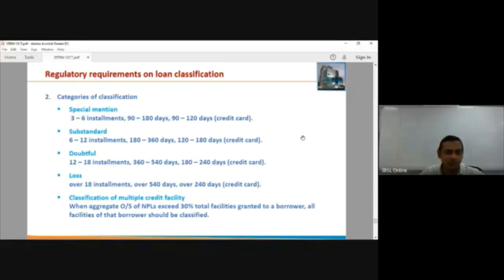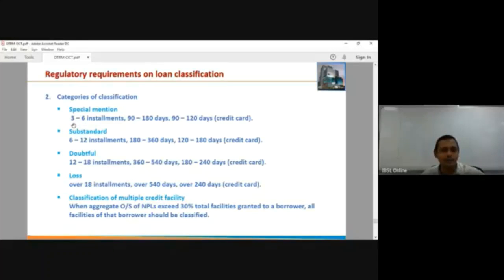When should the bank classify this loan as NPL? Because regulation says, if the borrower fails to pay 3 installments, it should be classified as NPL. Right? So under this method, the branch manager can keep this loan as performing until 3 months, because otherwise his targets are going to be missed.